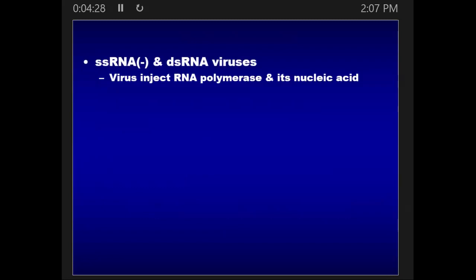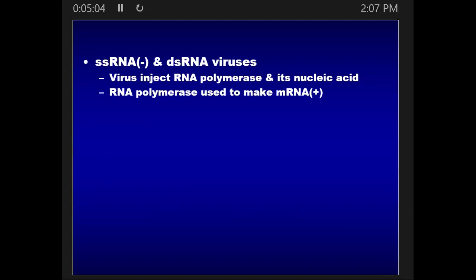If they are the so-called minus strand type of viral particle, where they have a minus RNA and it's single-stranded, or if they have double-stranded RNA, what they do is they bring an RNA polymerase with them, and of course their nucleic acid. They get into the host cell, and they are going to use that RNA polymerase to make essentially the positive strands from the negative strands provided.